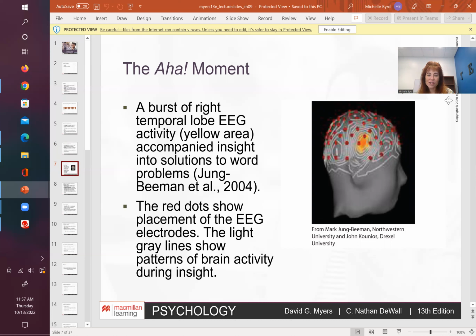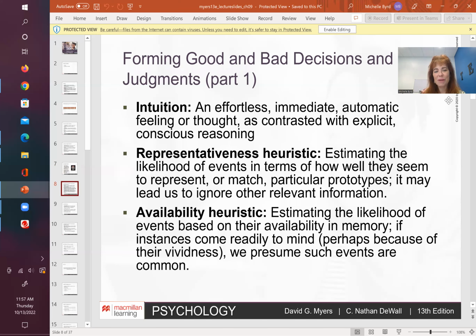The red dots show placement of the EEG electrodes where they were measuring. The light gray lines show patterns of brain activity during the insight or aha moment.